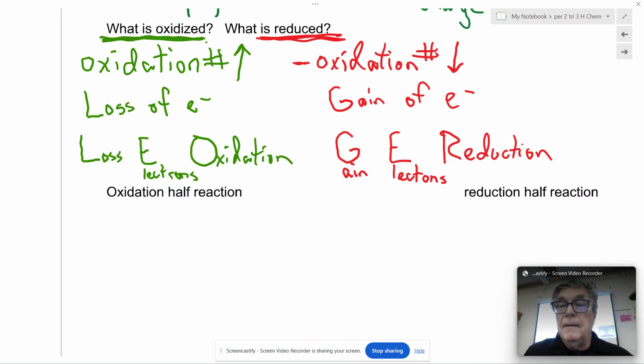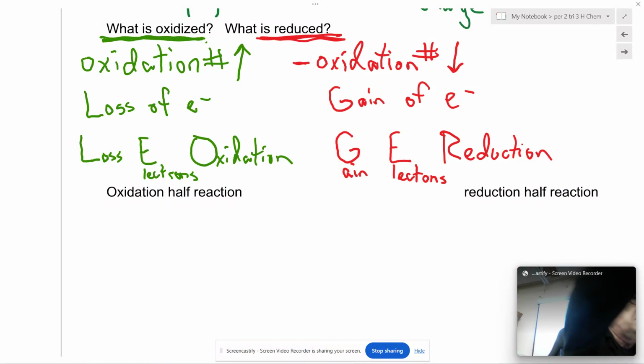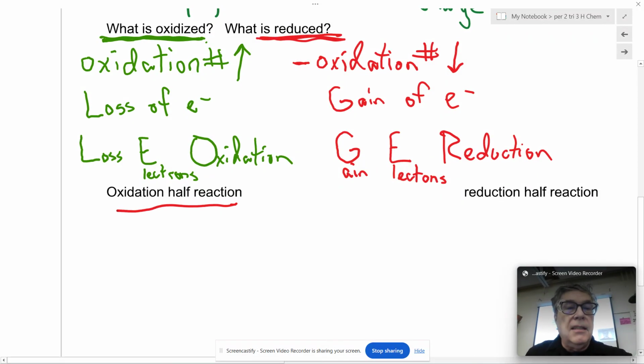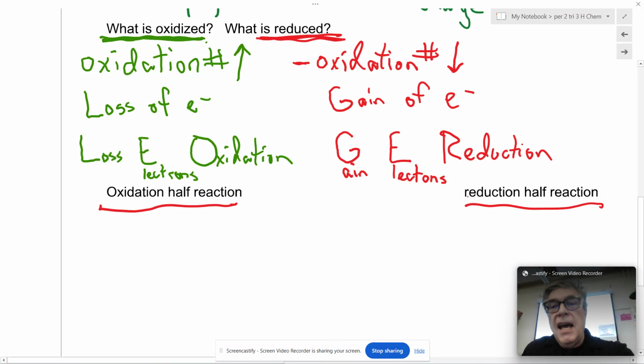So, I'm going to write an overall reaction here at the moment. And I'm going to choose this reaction, and then I will do an oxidation half reaction and a reduction half reaction later.